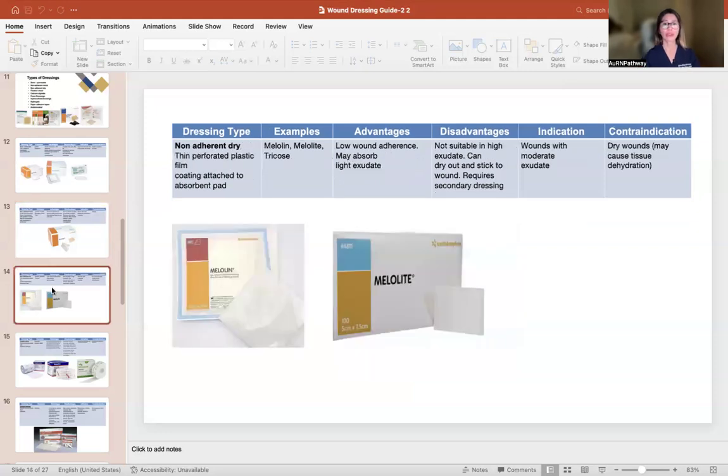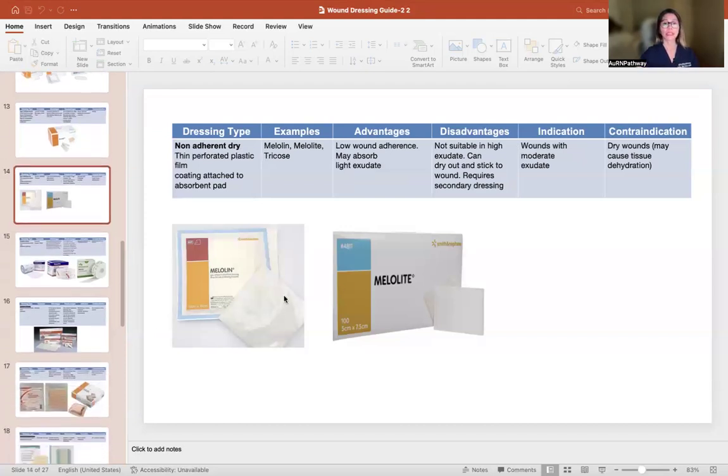Now we do have the non-adherent dry dressing. This could be put on top of your non-adherent moist to keep it in place because it does absorb some of the exudates as well. And obviously it's used if the patient has some allergy to adhesive, right? It does need a secondary dressing as well to hold it in place, given that it will just go on top of the wound itself.